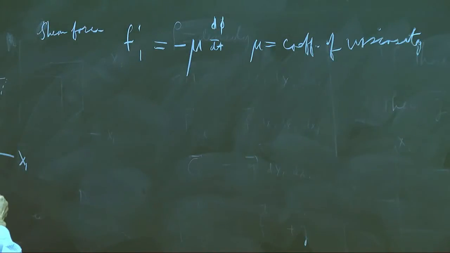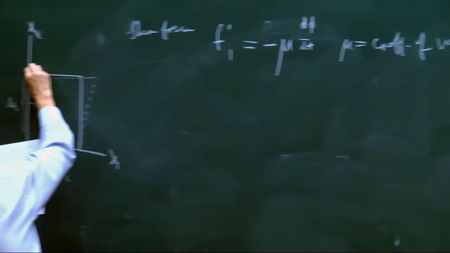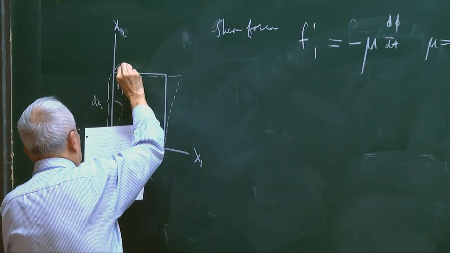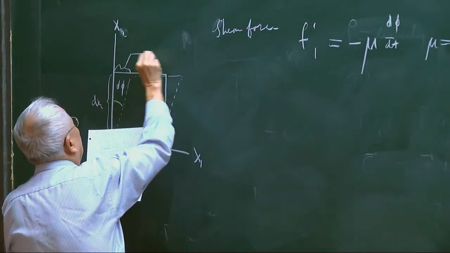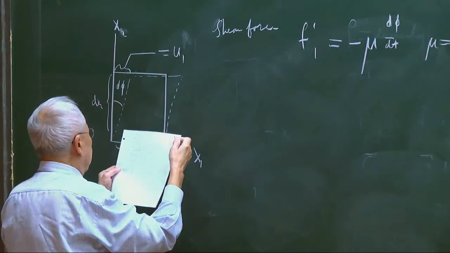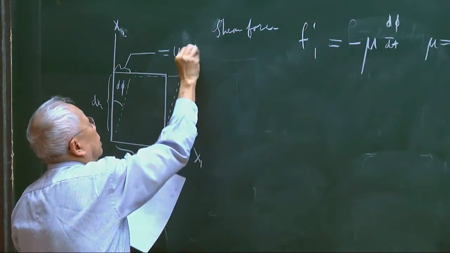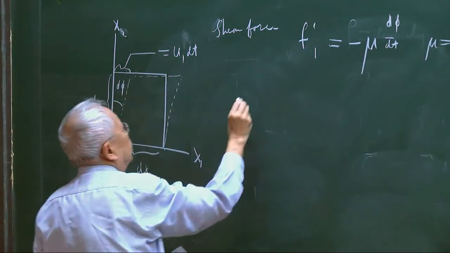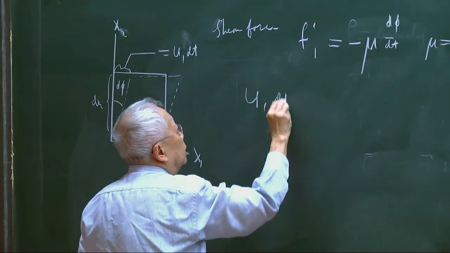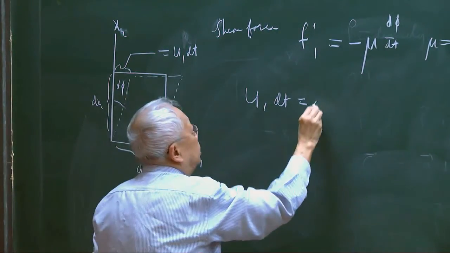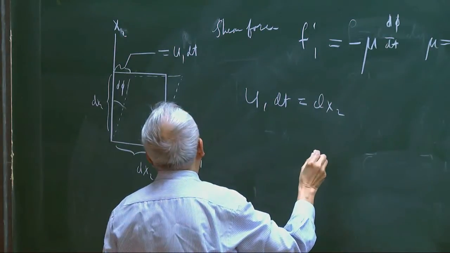You notice that this distance is just equal to u1, the velocity in the u1 direction, times dt. And so this arc length, u1 times dt, must be equal to this side times this angle. So it must be equal to dx2 times d phi.